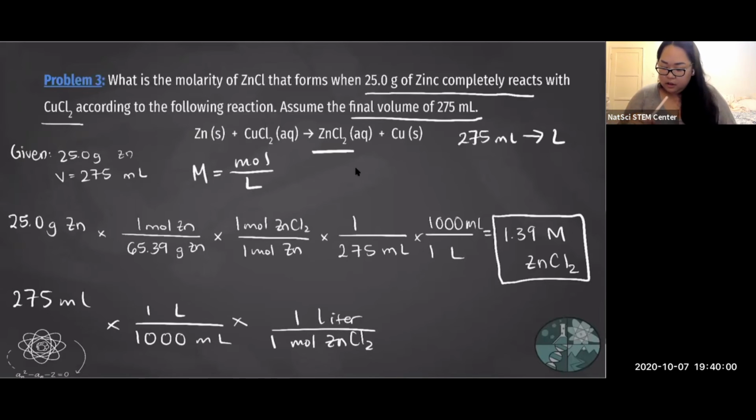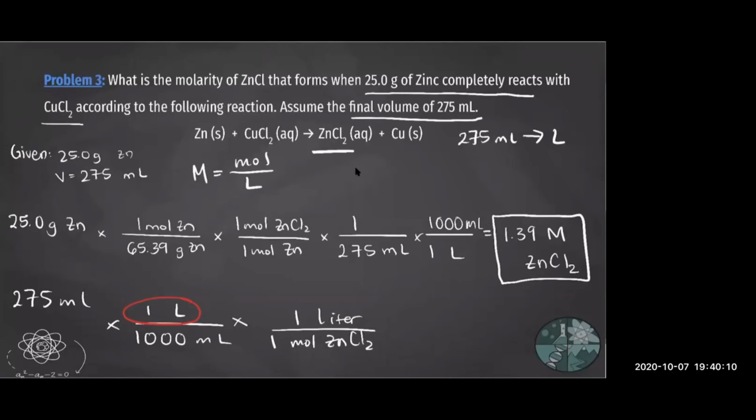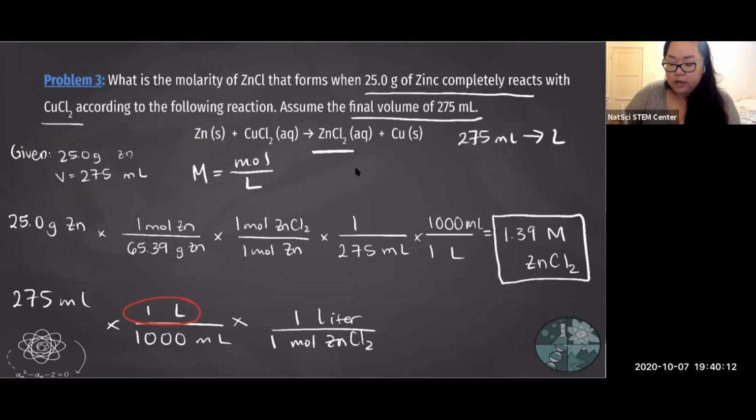So here's the thing with this. What happened here is your liter ends up on top. You don't want liters to be on top because for molarity, your liters is on the bottom.